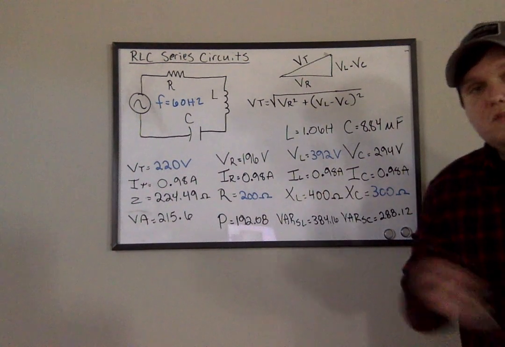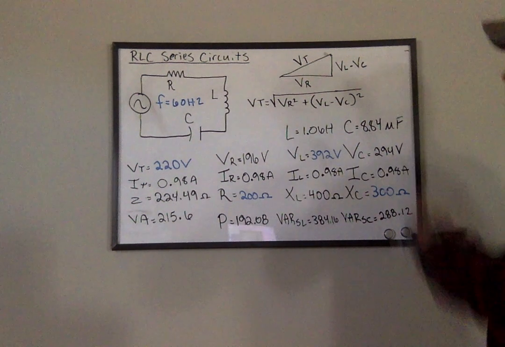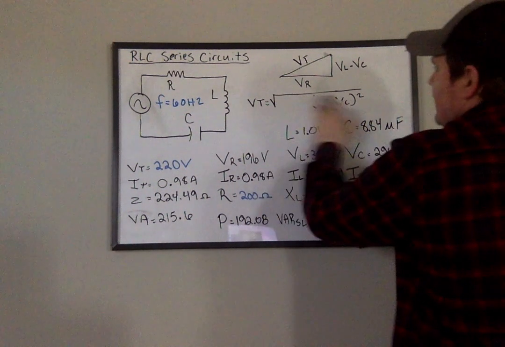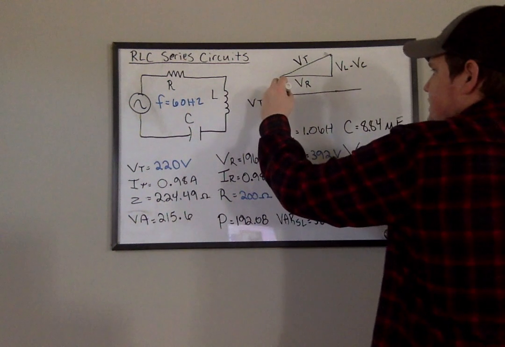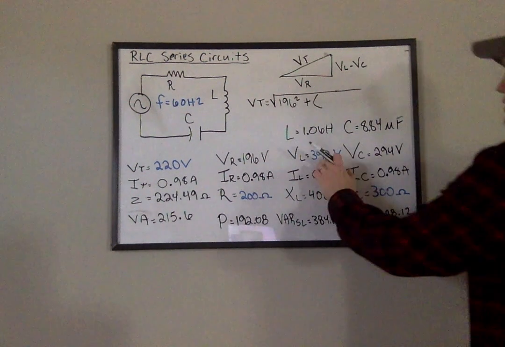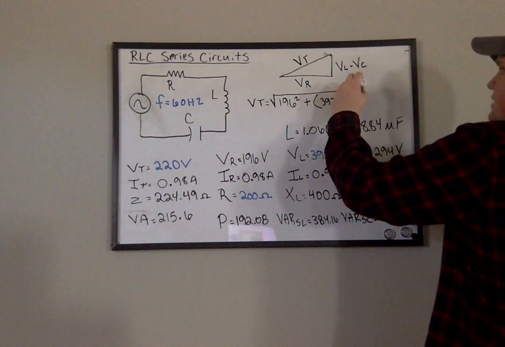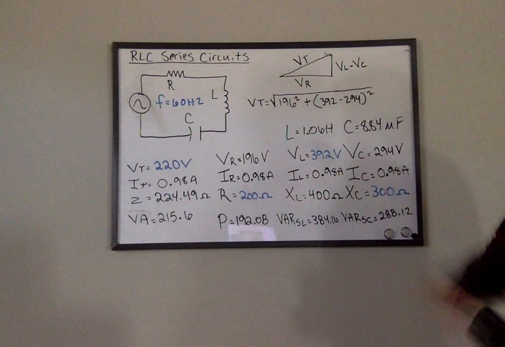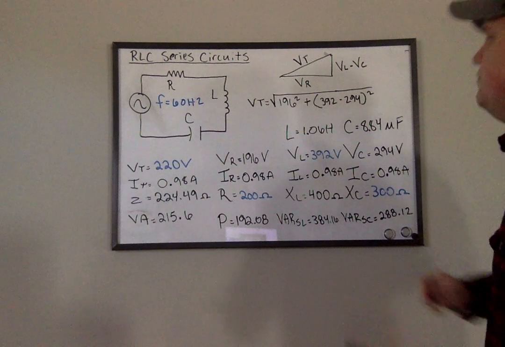That's what we're essentially going to have when we're checking our voltage. So let's erase what's inside here and write our actual values in. VR is 196 squared plus parentheses VL, which is 392, minus VC, which is 294, and then squared. Let's plug this in and see if we indeed have 220 volts.